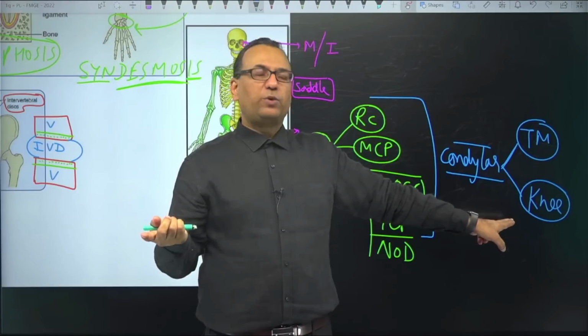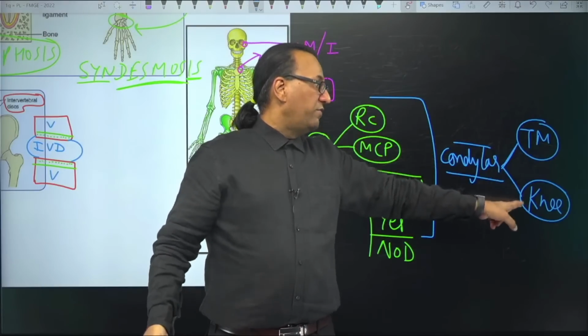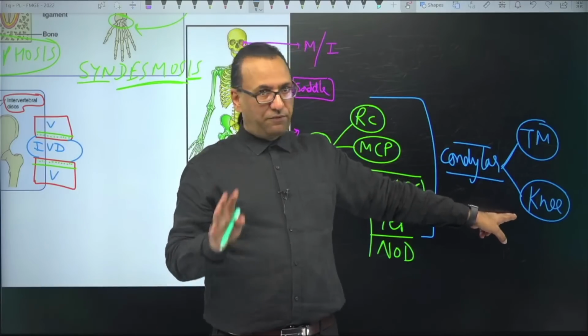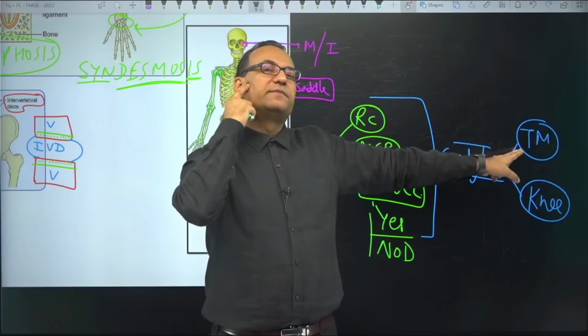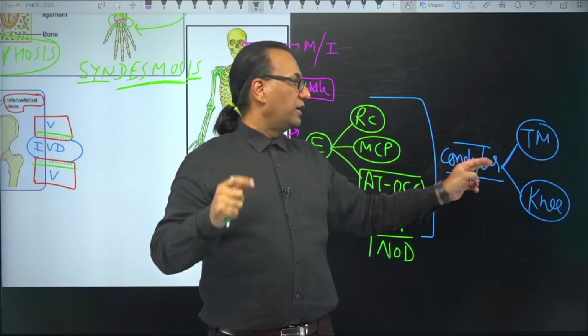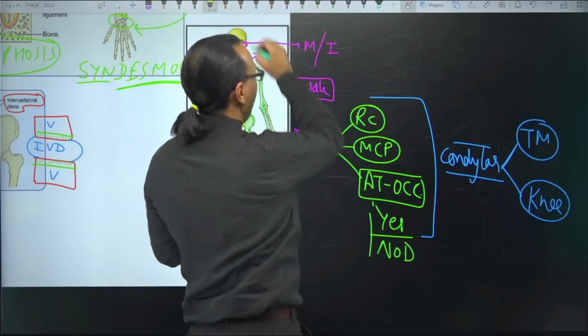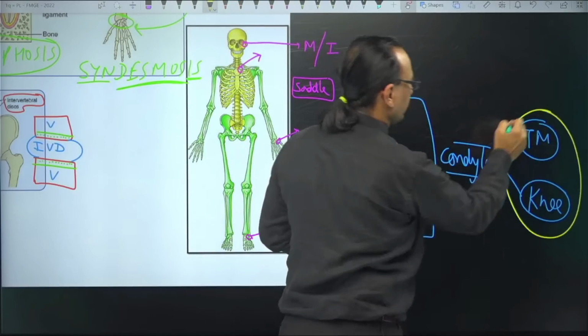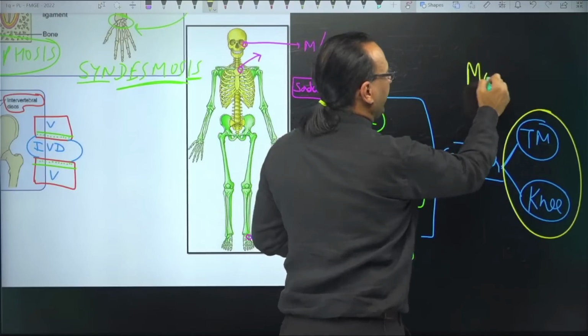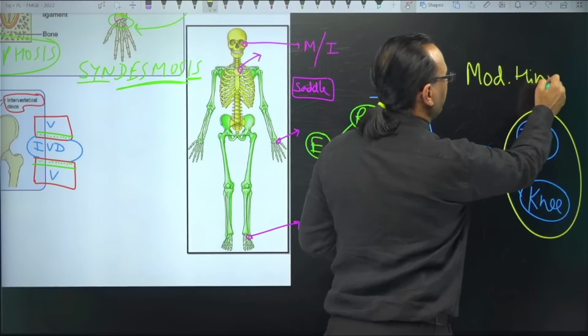But be careful, despite the fact that the temporomandibular joint and knee joint are condylar, some books will say they are modified hinge joints.